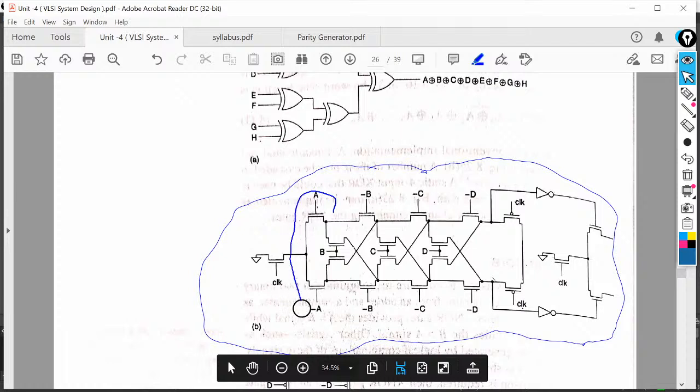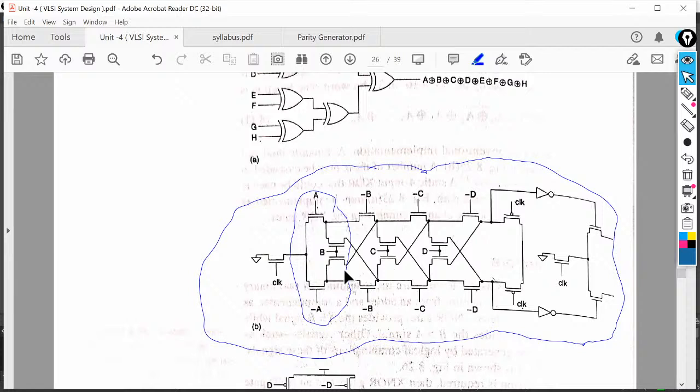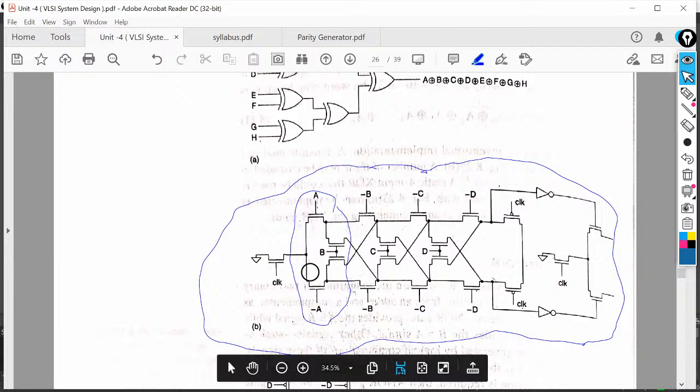This simple combination makes an XOR gate. This combination makes another XOR gate.